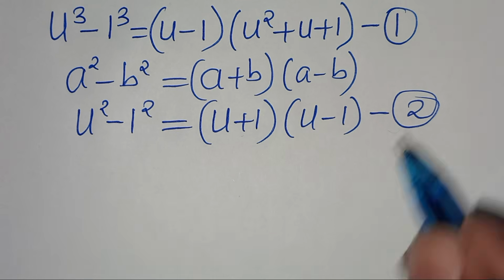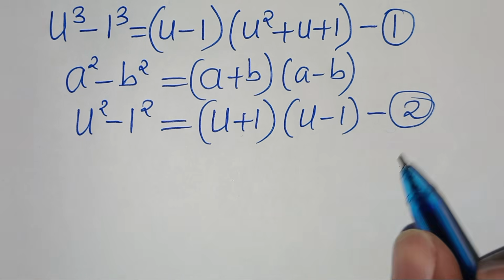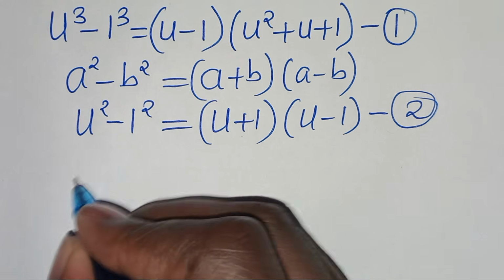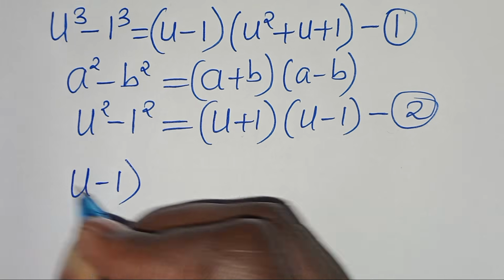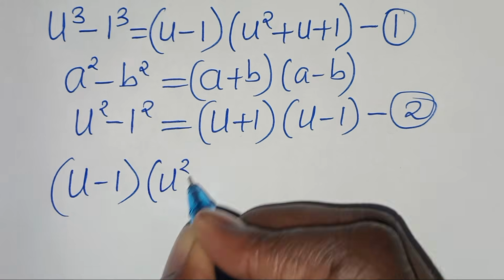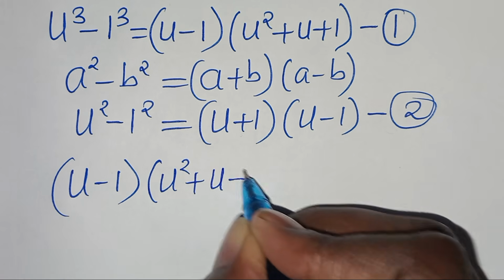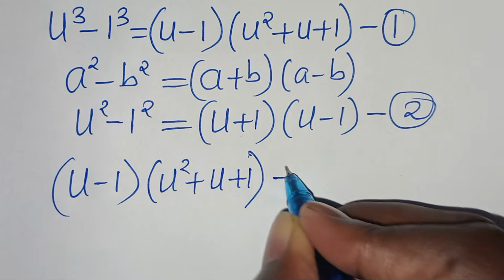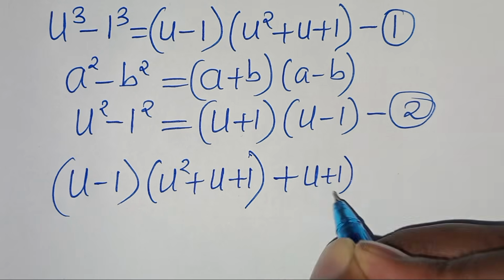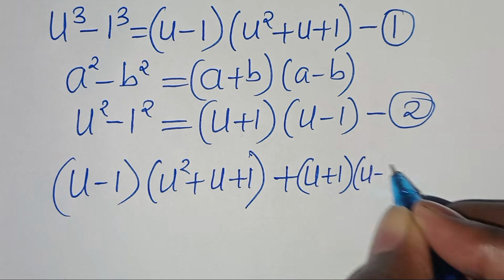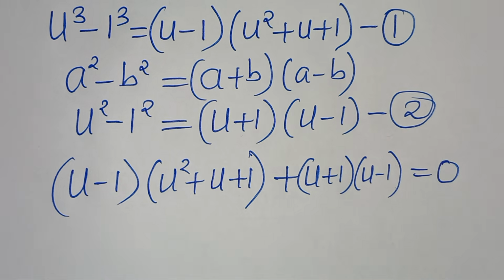So let's combine case 1 and case 2 here so that we have u subtract 1, u to the power of 2 plus u plus 1, then plus u plus 1 multiplied by u minus 1. This is equal to 0.